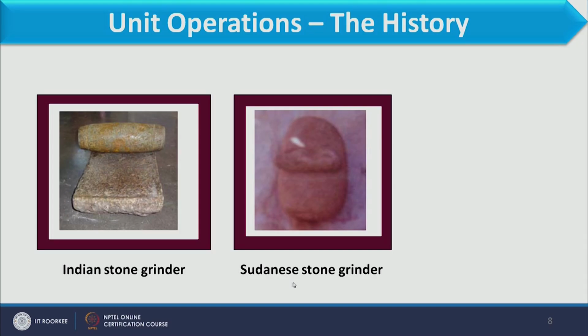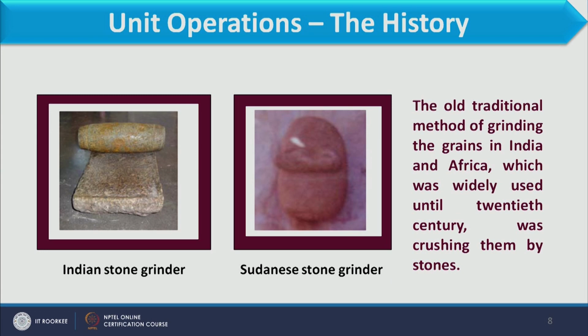That is nothing but a physical change. So we can say that it can be a unit operation. Here this is basically an Indian stone grinder. In the second figure, where the shape is quite oval, this is a Sudanese stone grinder.